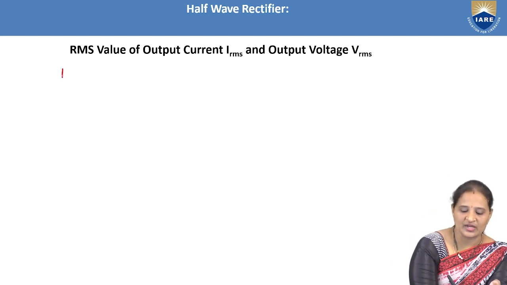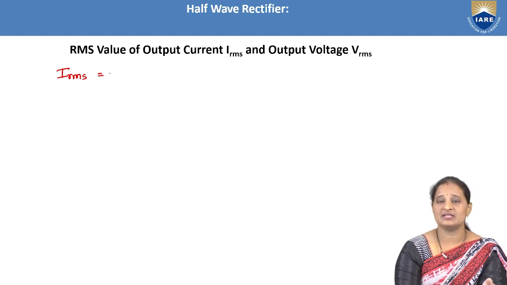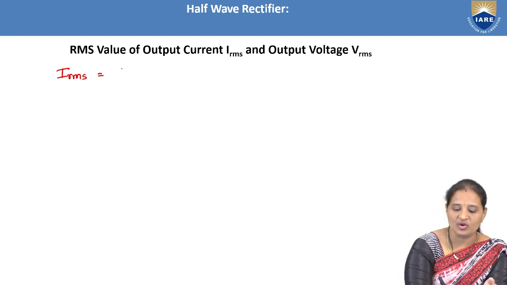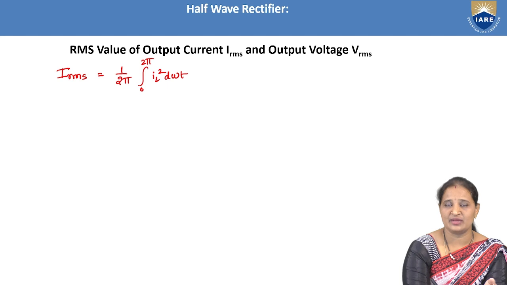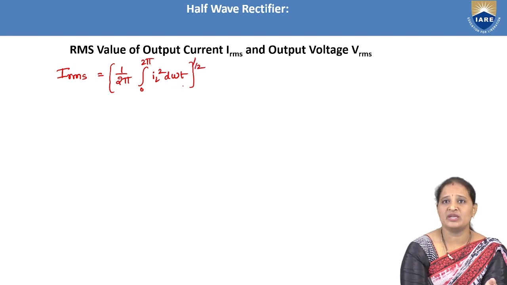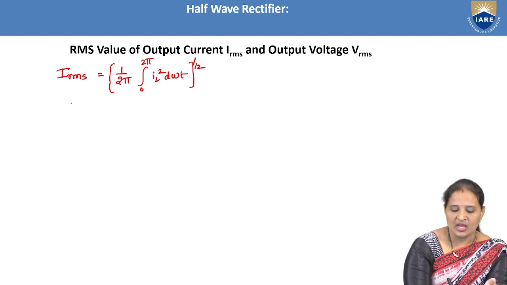So now let us find out the root mean square value of load current, that is IRMS, and the formula is given by 1 by 2 pi integral 0 to 2 pi IL square d omega t, to the power of 1 by 2. The 1 by 2 pi integral 0 to 2 pi represents the mean value, this is the square value, and the power of 1 by 2 is the root.